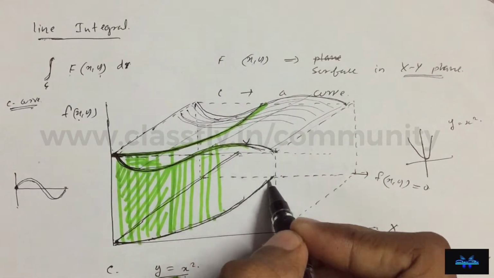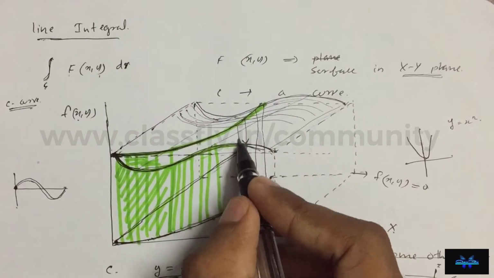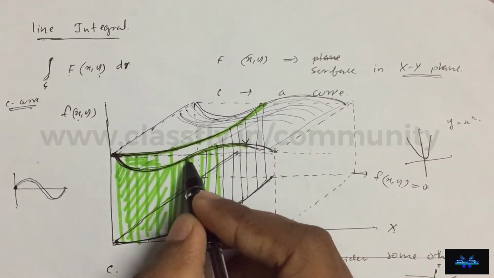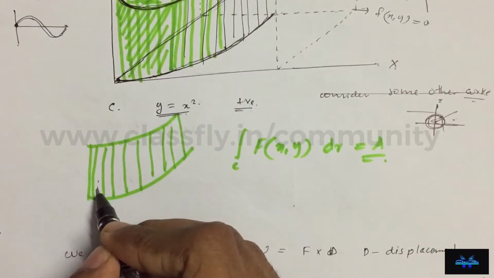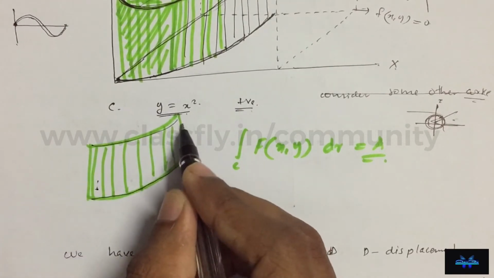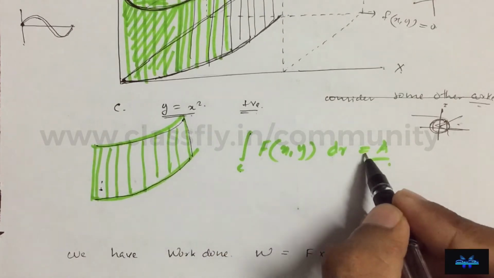So we have to take the area of the wall formed by these two curves, right? You got the point? So we will get a wall like this, and integral over C f of xy dr gives area.